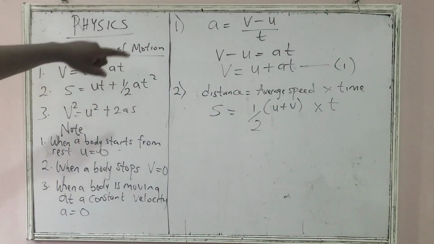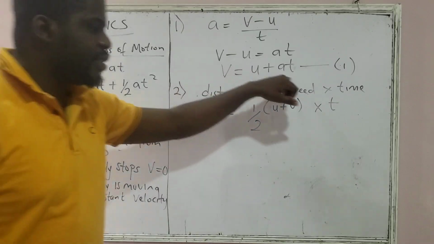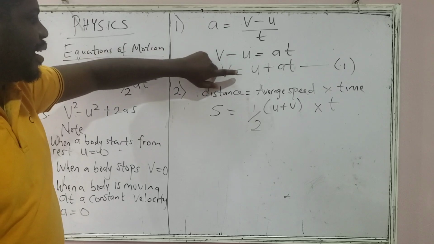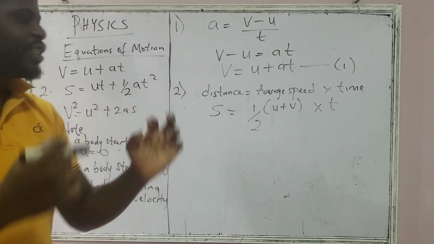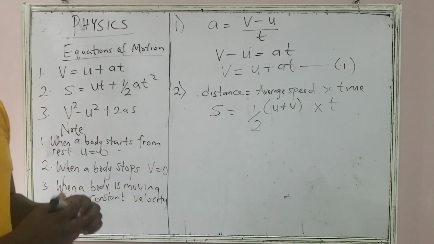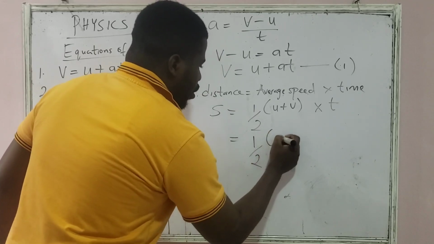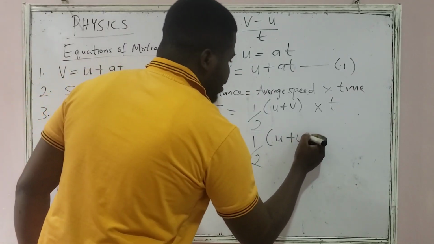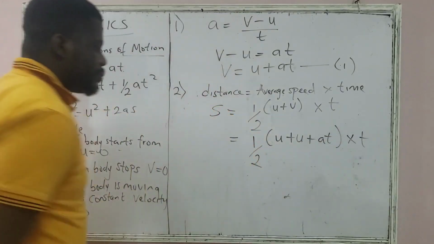And then if you notice, in our equation 1, we have V = U + AT. So this V that is here, we are going to slot into this equation. Wherever we see V, we put U + AT there. So we have 1 over 2, (U + U + AT) times time.